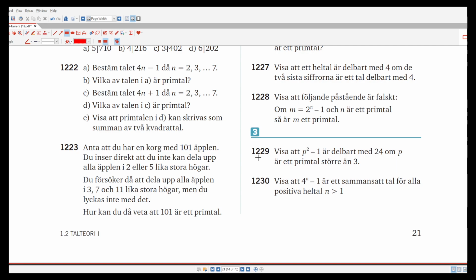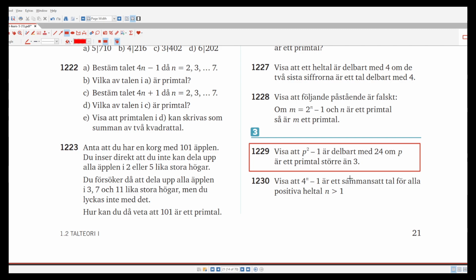This problem. It's a good problem, I would say. Show that p squared minus 1 is divisible by 24 if p is a prime number greater than 3. It's a good problem. I mean, you need to have a good understanding of how to do that.